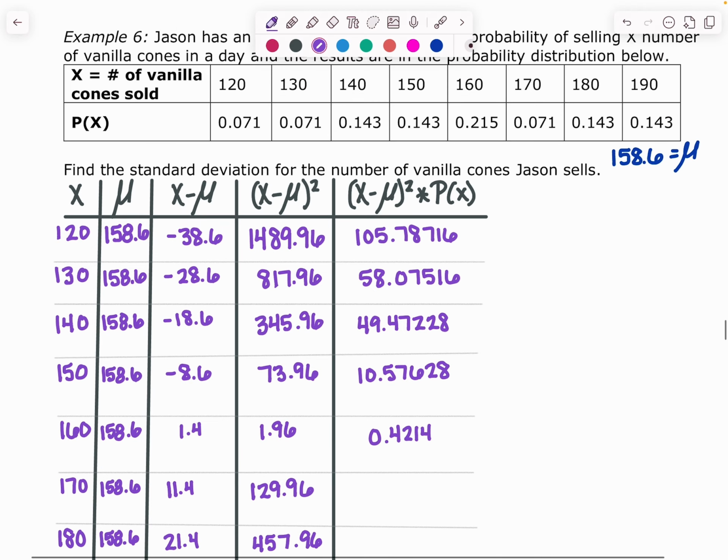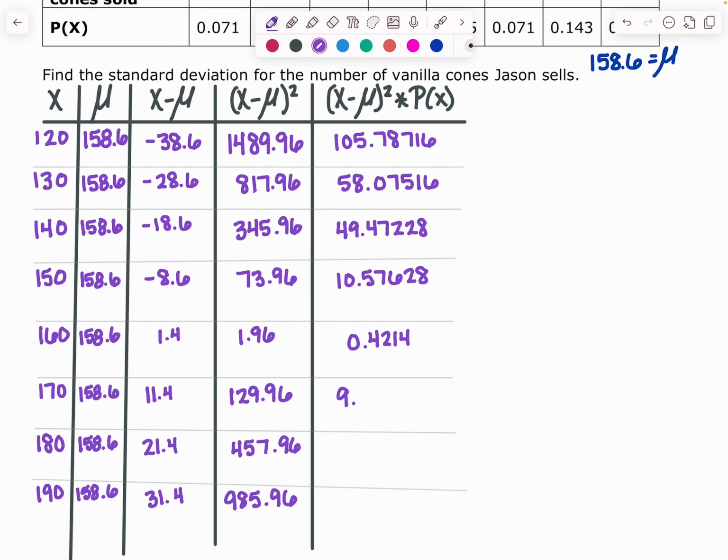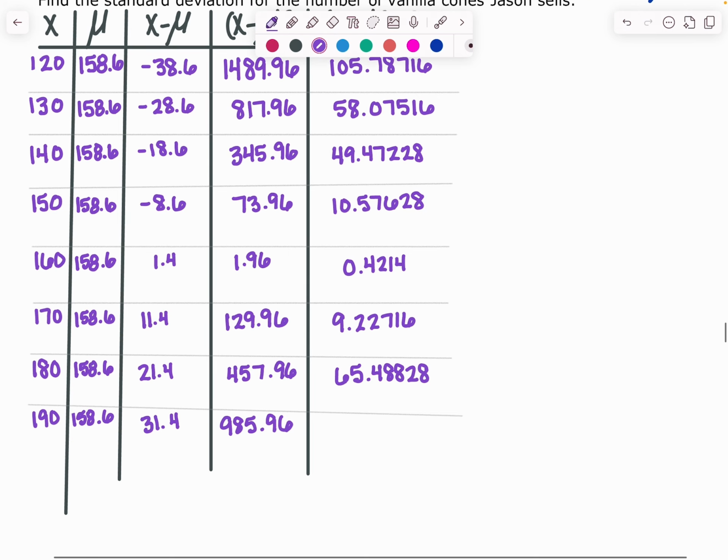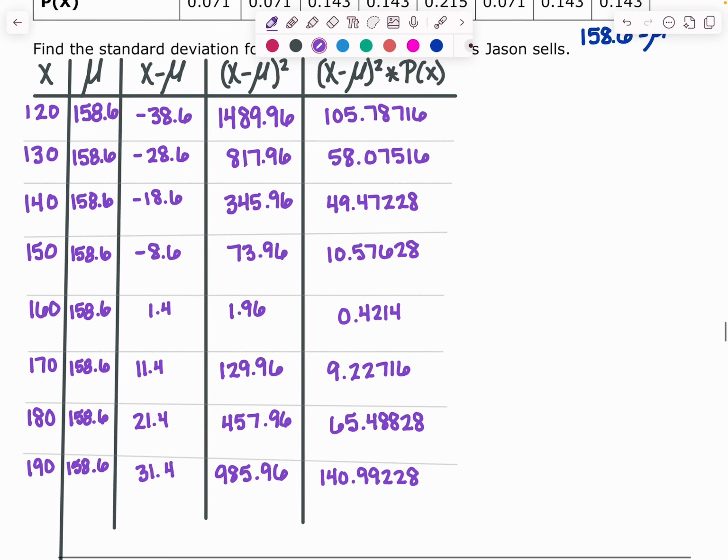Point 96 times 0.071, 9.22716, 457.96 times 0.143, 65.48828, 985.96 times 0.143. Last one, 140.99228.